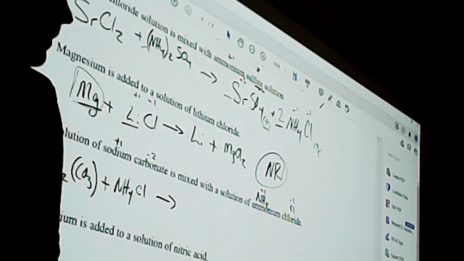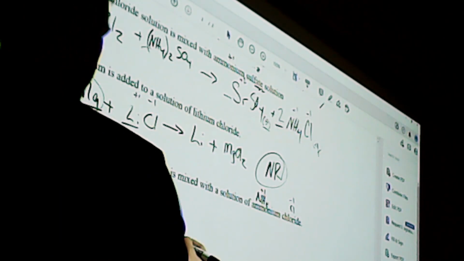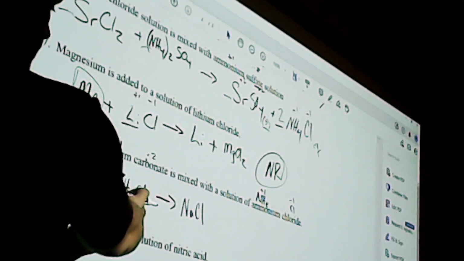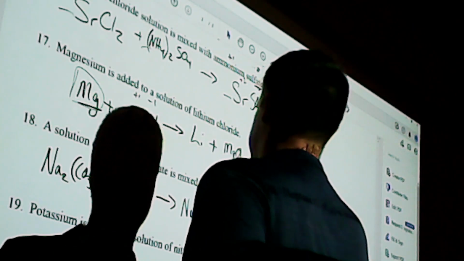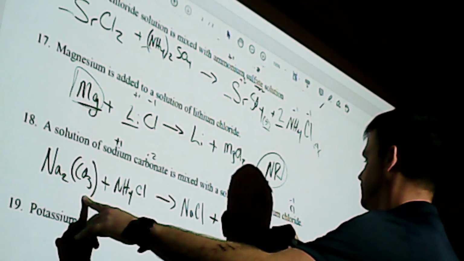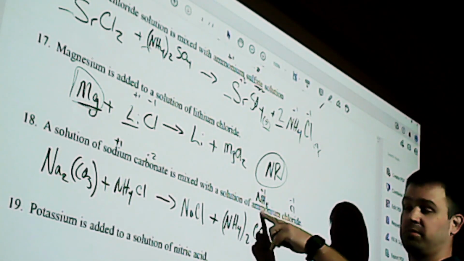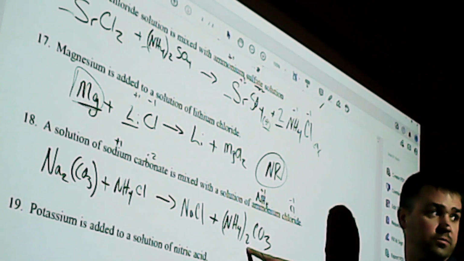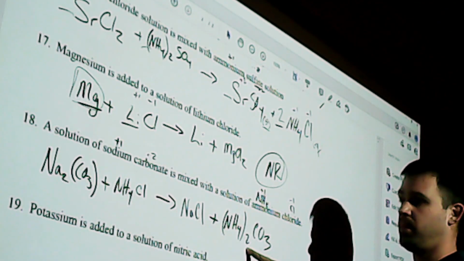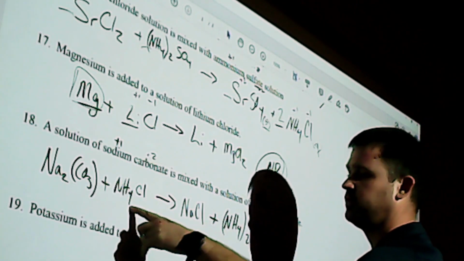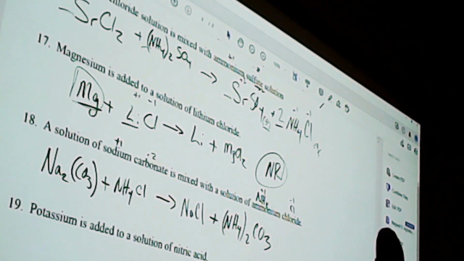What type of reaction is this? Double replacement, which means sodium will now be paired with chlorine. Ammonium will now be paired with carbonate. Because carbonate has a minus 2 charge, that's why there needs to be a subscript 2 right here. Right? So 1, 2, 3, 4.